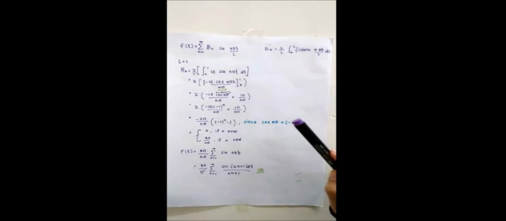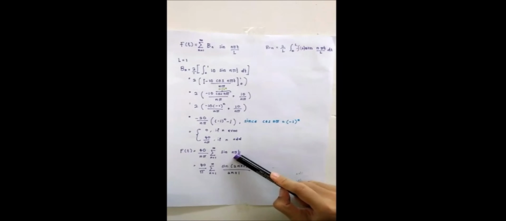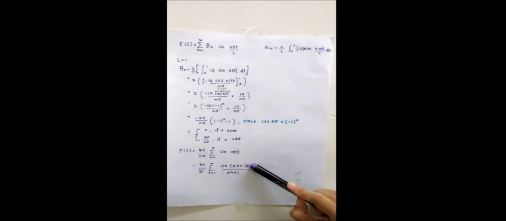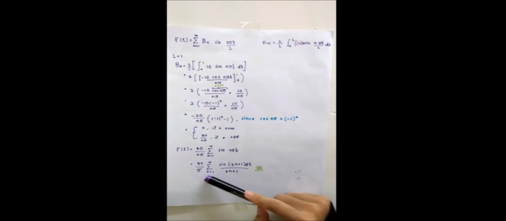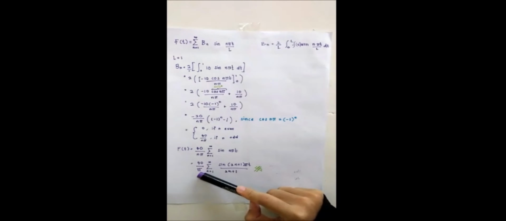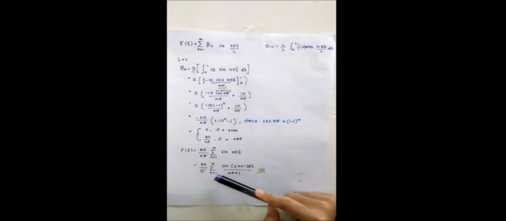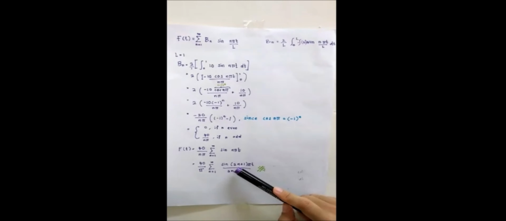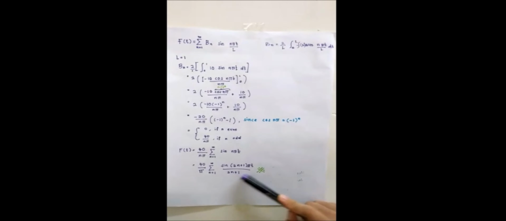Because it is odd, the n will be replaced by 2n plus 1. So the equation will be 40 over π, the summation n equals 1 until infinity of sin((2n+1)πt) over (2n+1).